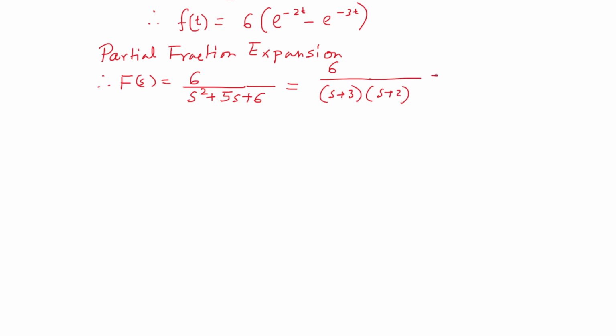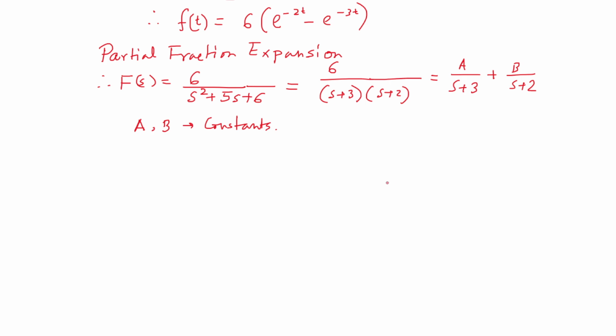So you write this as a divided by s plus 3 plus b divided by s plus 2. So in this way we can write, where a and b are constants.